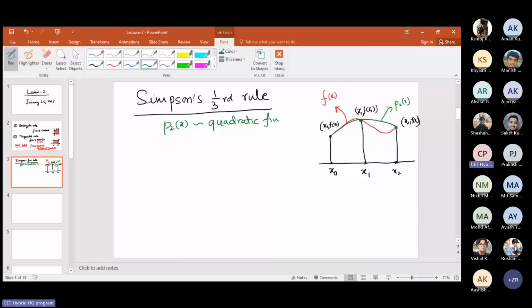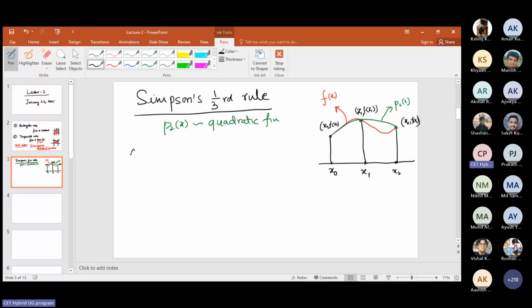P stands for polynomial, 2 stands for second degree, and the polynomial is in x. So it is a quadratic function or quadratic polynomial. So what you are doing is approximating the function values by a quadratic polynomial. However, it may or may not match all the values of the function f(x). For example, in this case, the red color and green color curves are different curves.